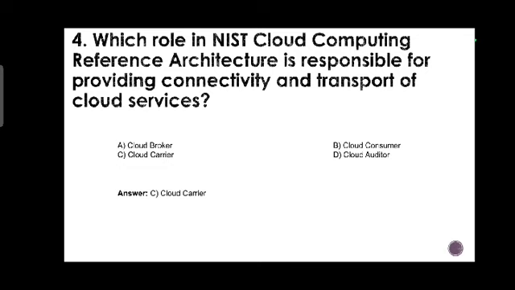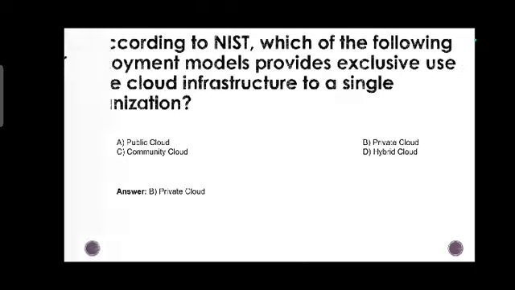As we read also, cloud carrier is responsible for providing connectivity. According to NIST, which of the following deployment models provides exclusive use of the cloud infrastructure to a single organization? Answer is private cloud. Private cloud requires private and exclusive use of cloud infrastructure.